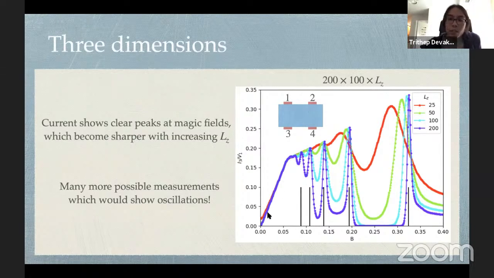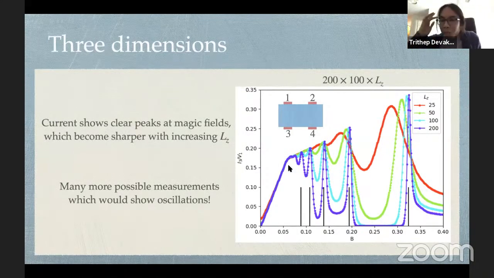But as we increase field, the amount of current coming out from lead 3 increases. And at a certain point, you start to see very strong oscillations where at the magic fields, which I've labeled by these black lines, you get some current that's flowing through. But away from the magic fields, you see that as I'm increasing the size of the system in the z direction, it's just going down exponentially to 0.